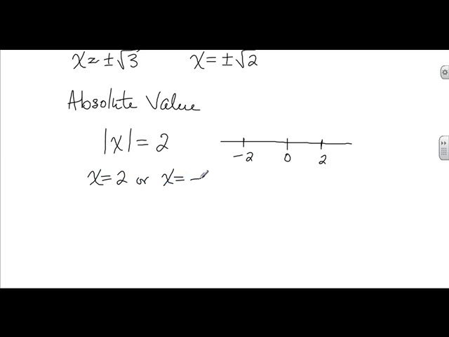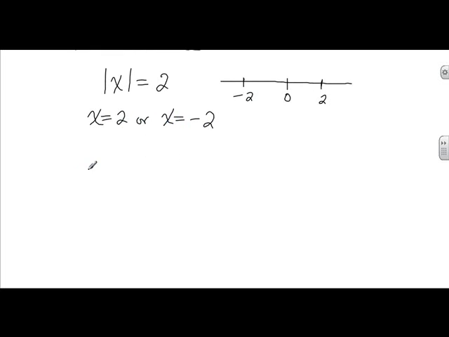If you've got a more complicated equation, like absolute value of 2x minus 1 equals 5, you kind of use the same thought process. In that first step in our previous equation, we kind of rewrote the equation so we didn't have absolute values. So thinking about this example the same way, I'm going to start by rewriting that equation. 2x minus 1 is equal to positive 5, and 2x minus 1 is equal to negative 5.